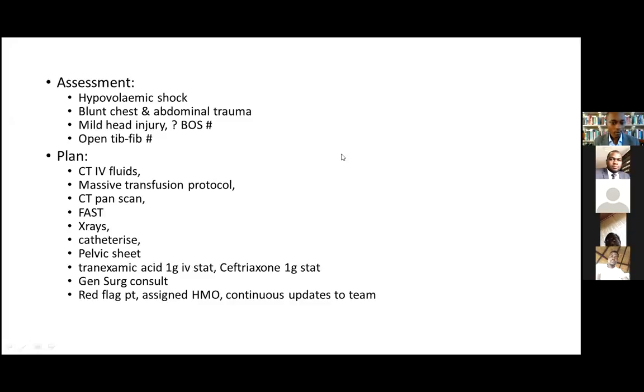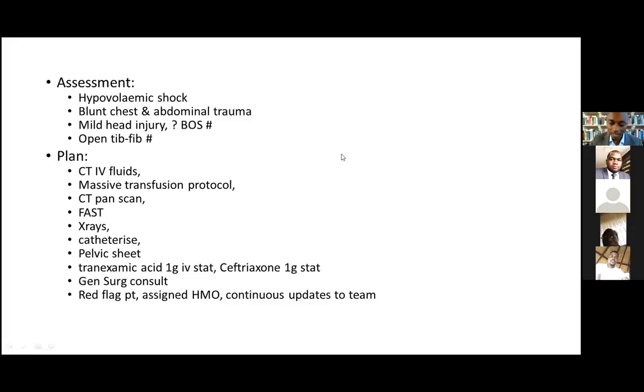Its beneficial effect in trauma patients is that they tend to get some form of hyperfibrinolytic DIC due to the ongoing bleeding. So tranexamic acid would tend to counter that hyperfibrinolytic state in patients who are bleeding and remain hypotensive. So it also helps us in the resuscitation of these patients.